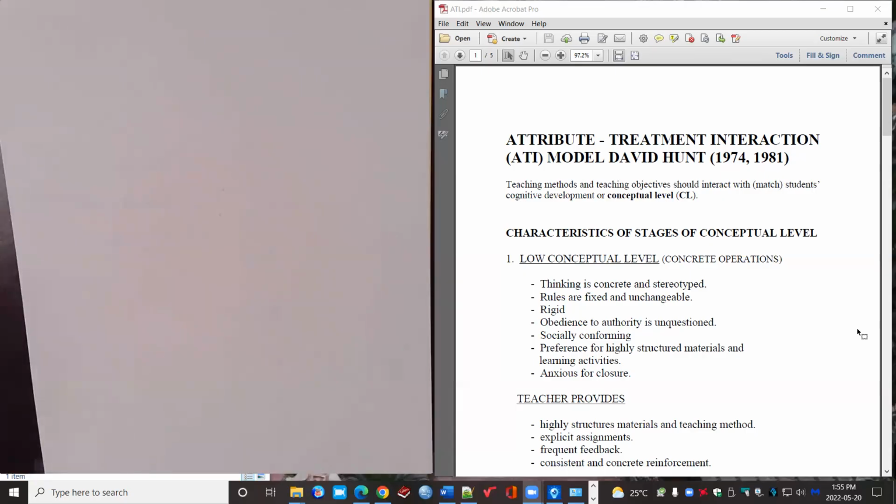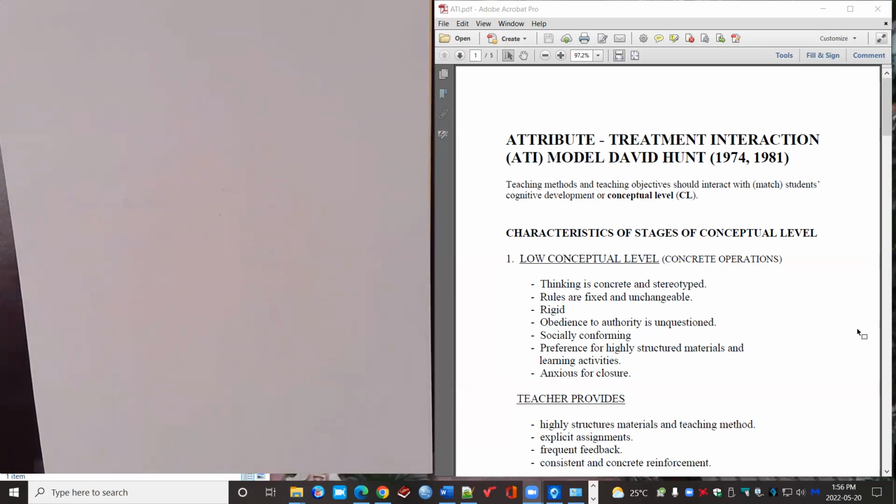Okay, for example, concrete operational stage, we tend to classify this as low CL. So it does not mean low IQ. Okay? So for the rest of this lecture, the low CL has to do with developmental stage. All right.